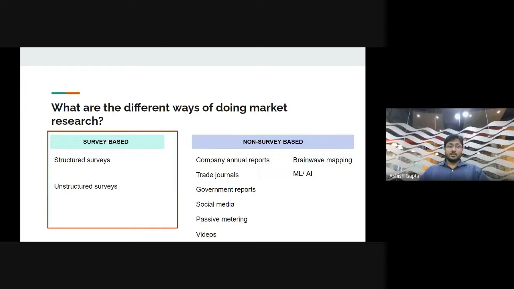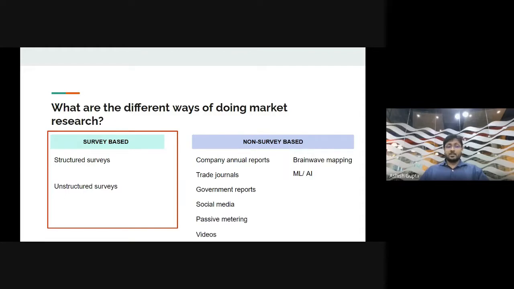So survey-based research could be using structured surveys. You must have definitely received a lot of surveys when you go to shop, or when you're banking with a specific bank. You'll receive surveys around how satisfied you are with the experience, or with the ease of finding a specific product in store. And those are more of your quantitative surveys, wherein you have a structure in place, you have a scaled question, and there is a definite answer to what you're trying to understand.